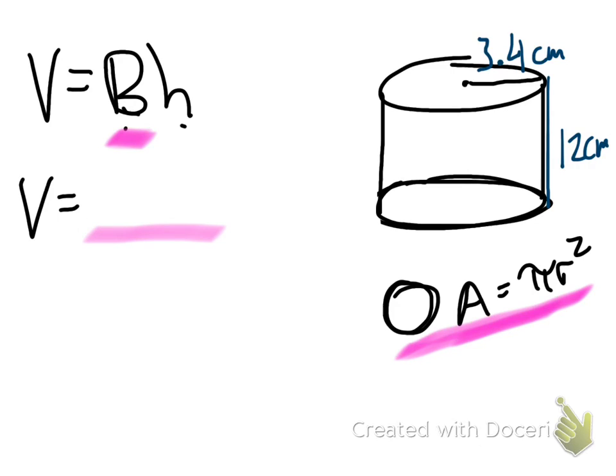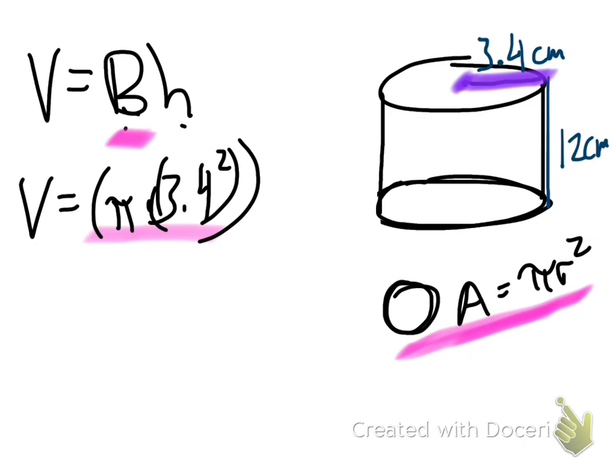So let's go ahead and write it out. Pi, we know r is right up here, the distance from the center of your circle to any point on the side, so 3.4 centimeters. So pi times 3.4 squared.